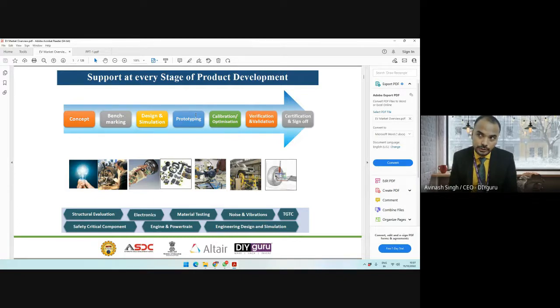We'll also see what has been the trend in the mobility industry in the last 20-30 years.